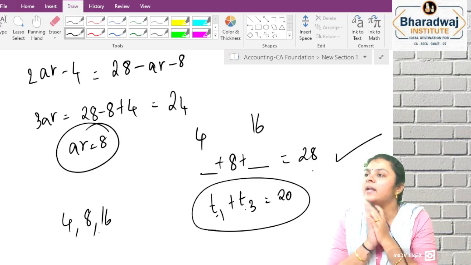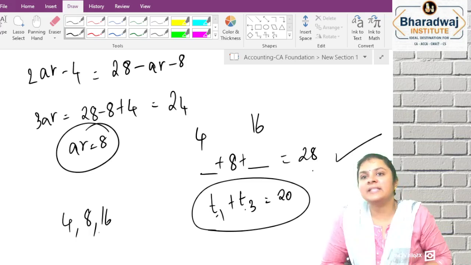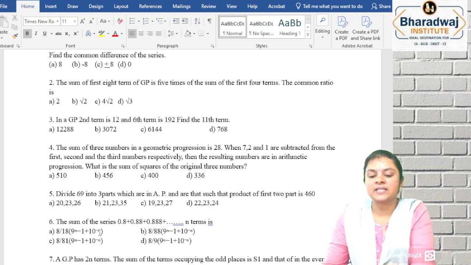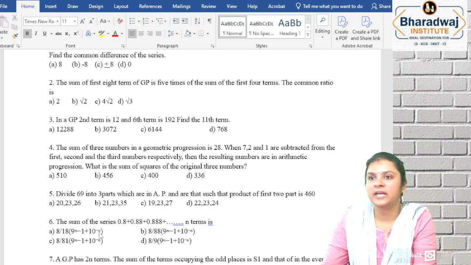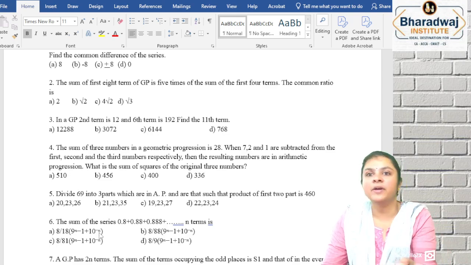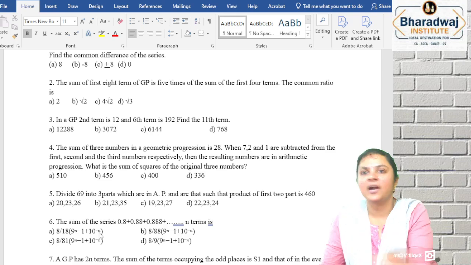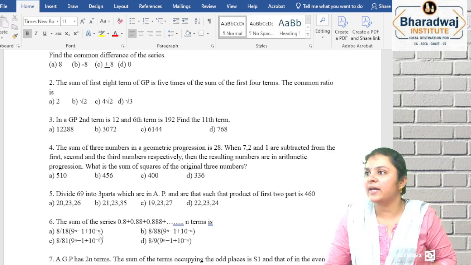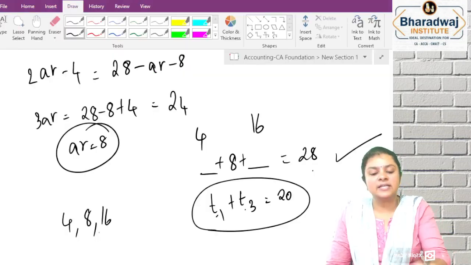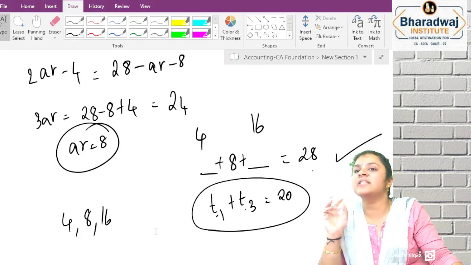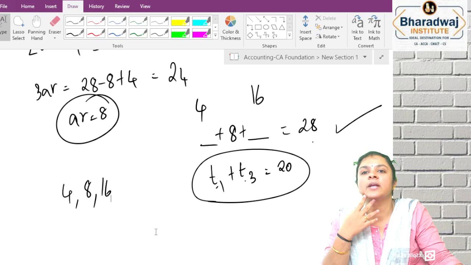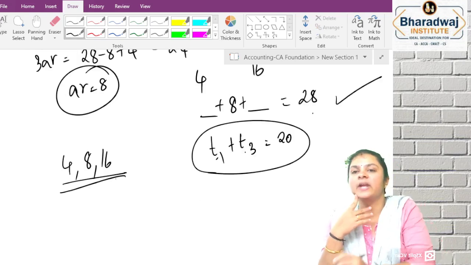So here the values are 4, 8, 16. Suppose in the exam, instead of asking you the sum of squares of the three numbers, had they given the three numbers as options, you would have immediately found the middle term 8, chosen the option with 8 and gone. In the same way here, just try to substitute whichever is the easiest number possible and see if it is working out. So your answer is 4, 8 and 16.